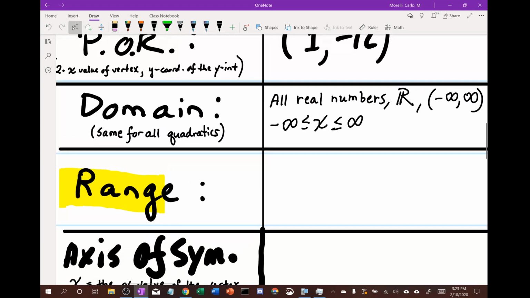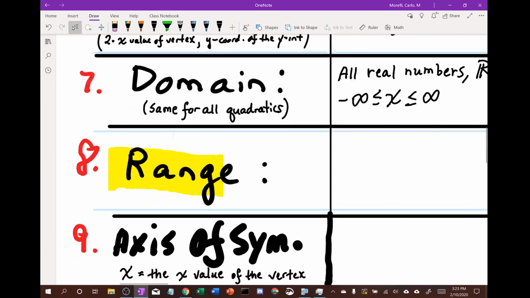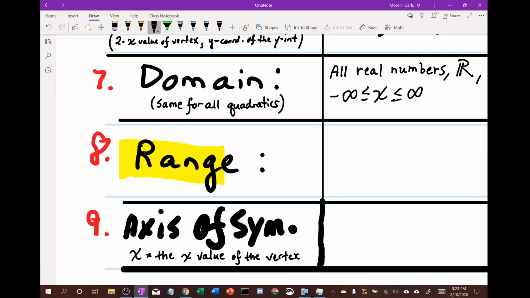Okay, now the range. This one's a little weird, but it's easy. So, little tiny writing, here we go.